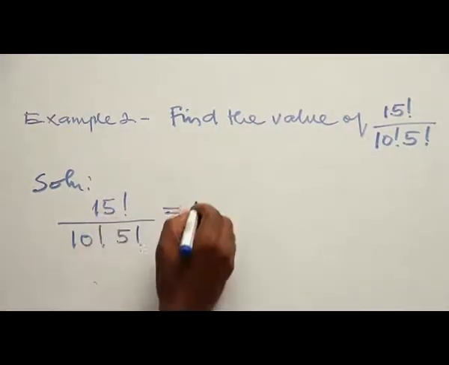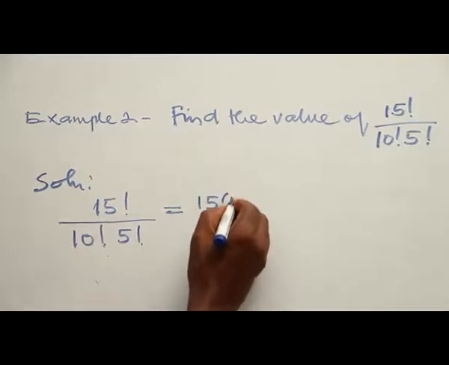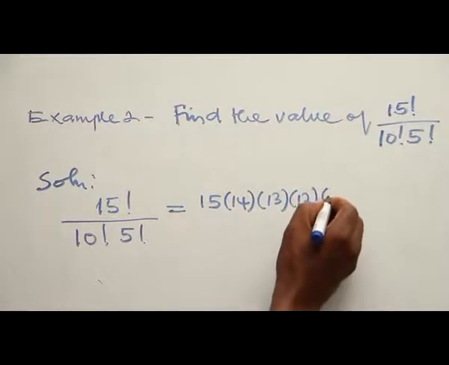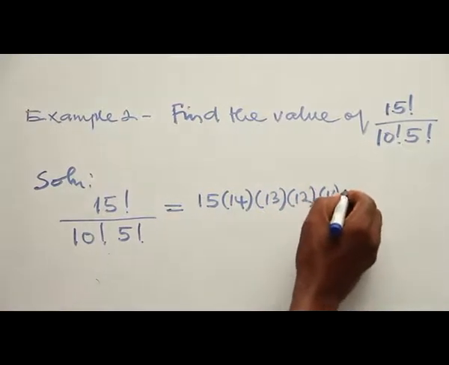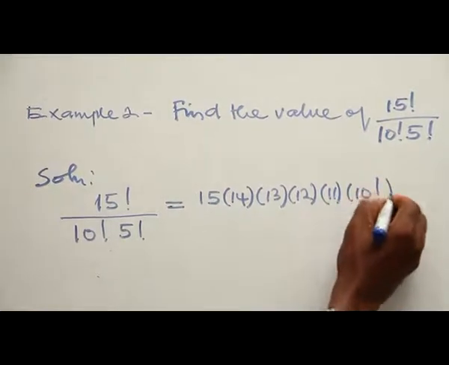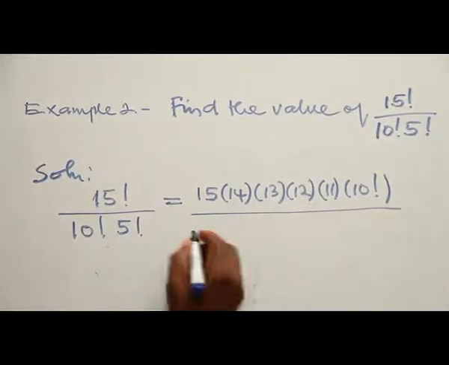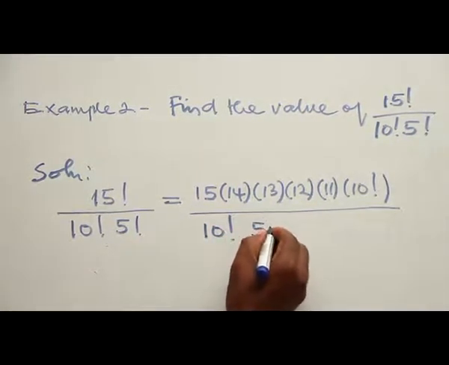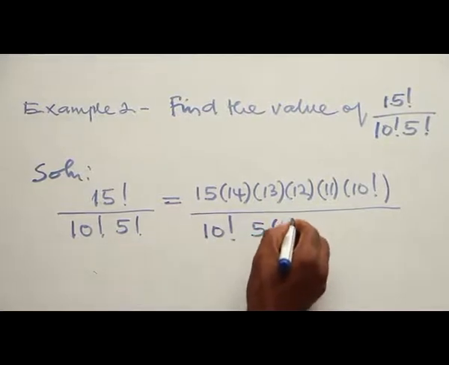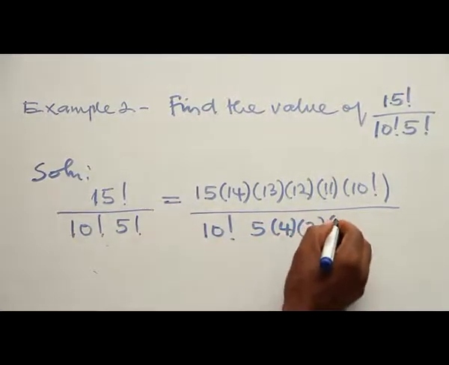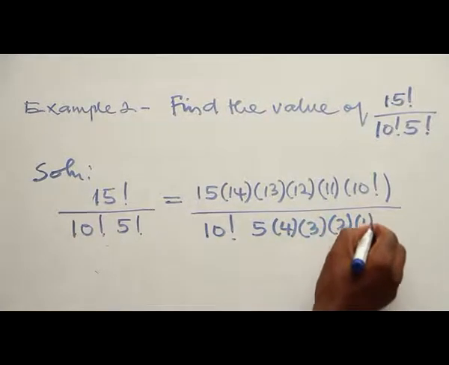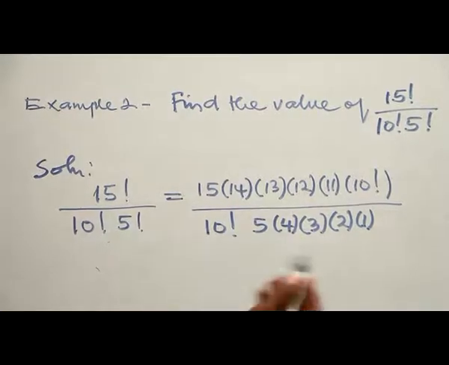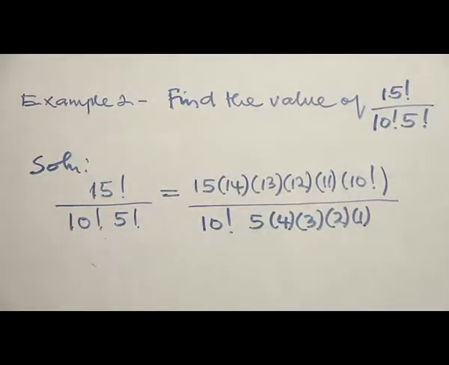This will be equal to expanding the numerator, 15 times 14 times 13 times 12 times 11 times 10 factorial, all over 10 factorial, and expanding 5 factorial, you have 5 times 4 times 3 times 2 and maybe just write 1. In most cases we do not need to write times 1, even though we know it's there, because dividing by 1 will not change any number.